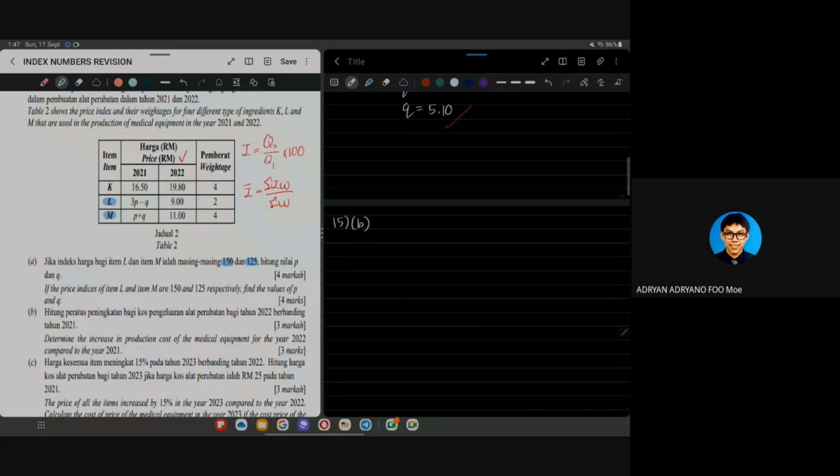They ask for the medical equipment, not the item used to make the medical equipment. So I immediately think of composite index. So what is the formula? Your index times weightage over sum of weightage.